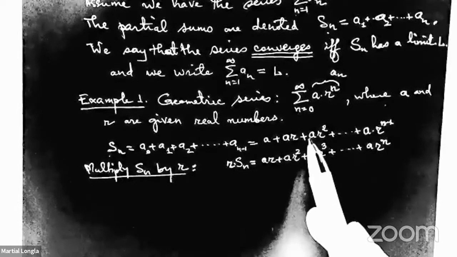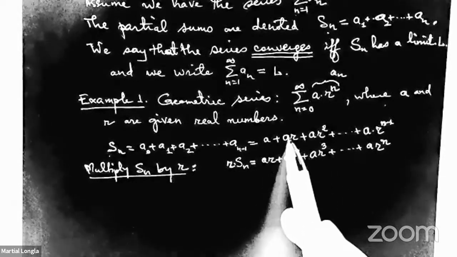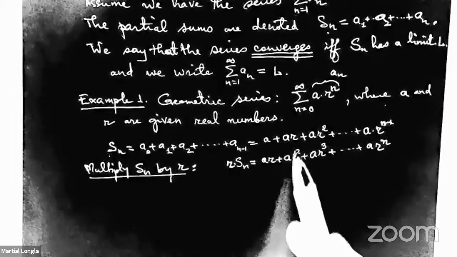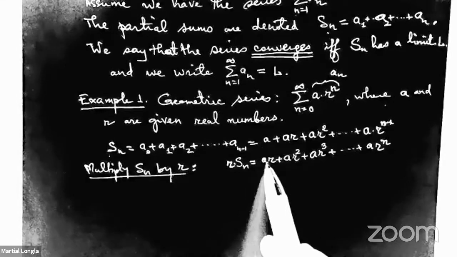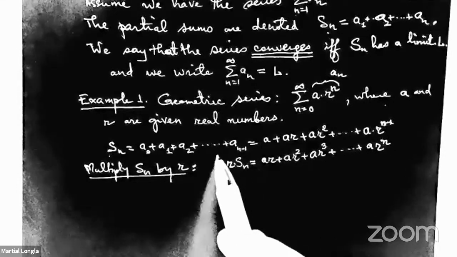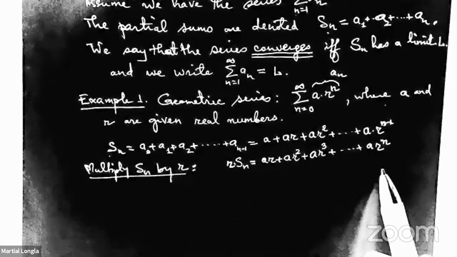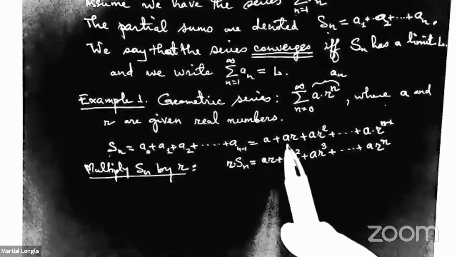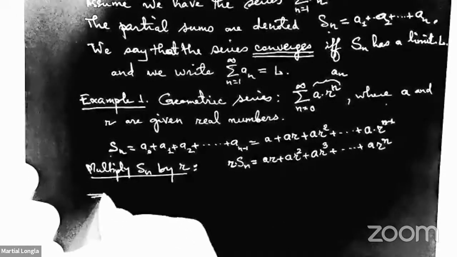If you pull out A, you're left with 1 minus R. If you pull out AR, you're left with 1 minus R. If you pull out AR squared, you're left with 1 minus R. So if I subtract these two things, I actually get a common factor of 1 minus R in each of the terms. And that's what I'm going to do to see what's going to happen.